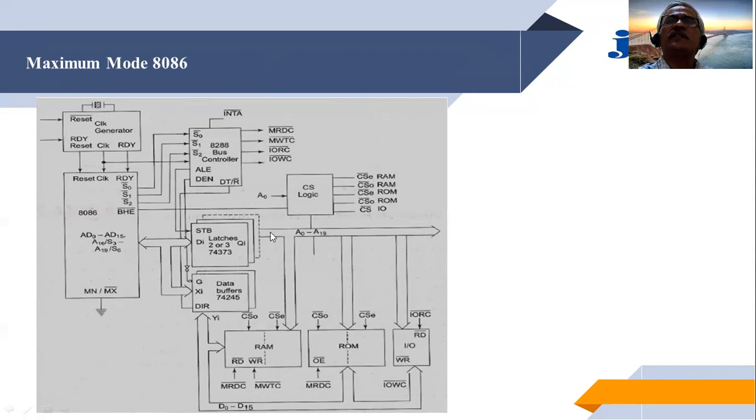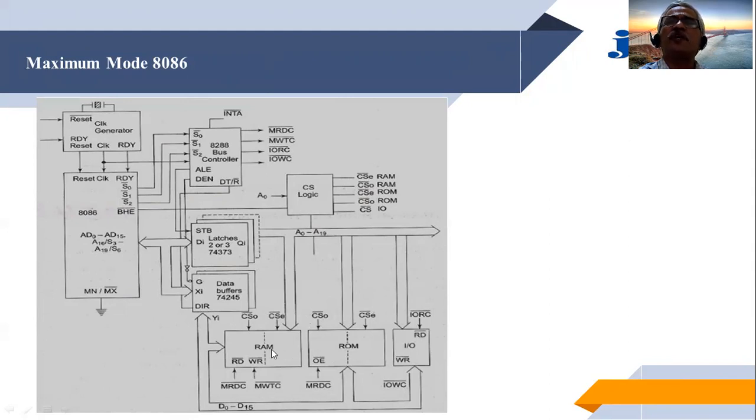And then the 20 address lines will be used for addressing the different memories or IO devices, depending upon the kind of configuration. If you have an IO mapped IO, the 16 address lines are required for the IO addressing. But if it is a memory mapped IO, in those cases the same 20 address lines will be required to address the IO devices. Whereas for accessing the memory, you definitely require the 20 address lines.